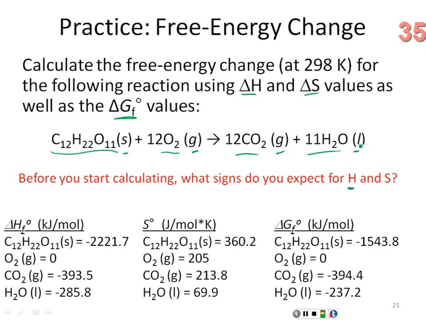So it's going from more ordered to less ordered phases. So we'd expect delta S to be a positive value. Okay, work through this both ways, and we'll come on the next slide and show you the answers.